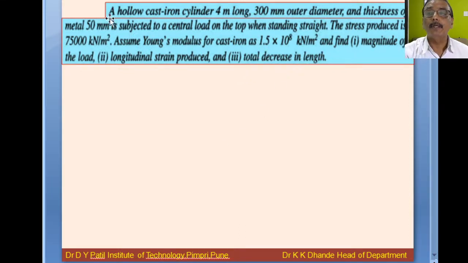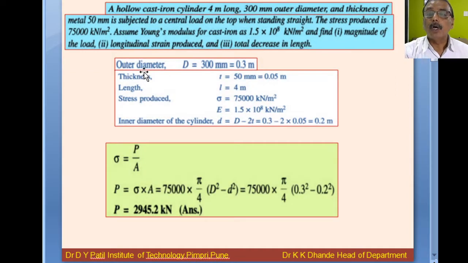Now concentrate here. It's a hollow cast iron cylinder, having 4 meter length. So outer diameter of the cylinder, capital D, is given to you, 300 mm. Here stress is given in kilonewton per meter square.